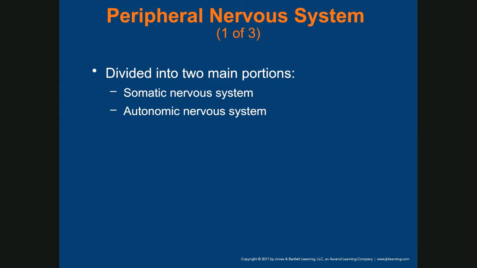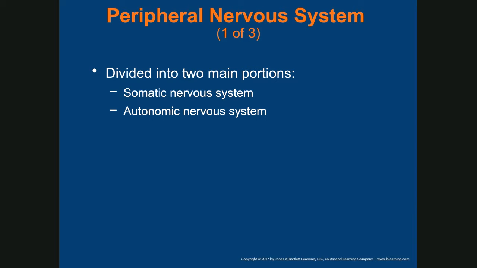The peripheral nervous system is divided into the somatic nervous system and autonomic. The somatic nervous system is responsible for relaying signals from the brain to the muscles within your body. So you will get voluntary muscle movement from the somatic nervous system.